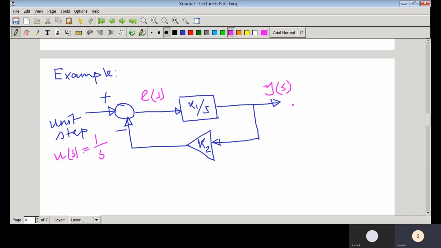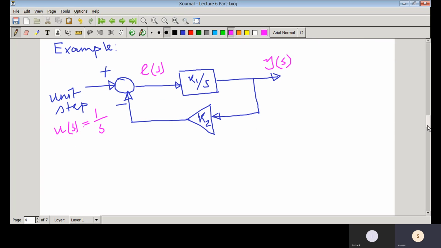Now you are asked to find, in this closed loop control system, if you apply the unit step function here, what would be the output when t tends to infinity? We'll be applying the final value theorem here.